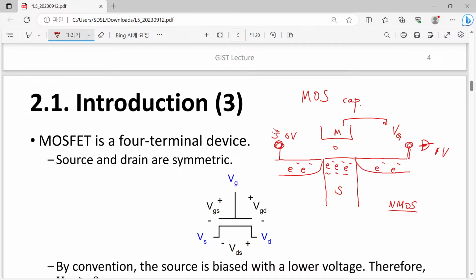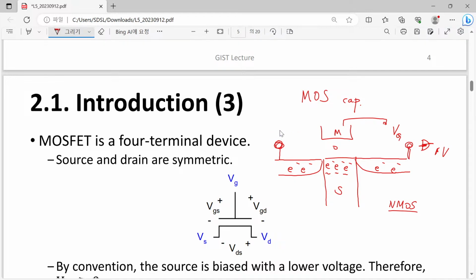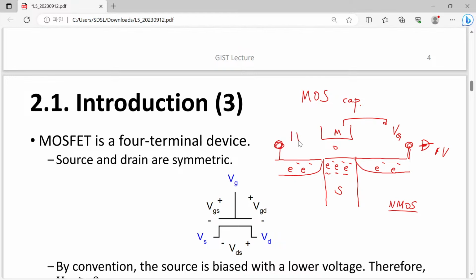However, when we say this is 1 volt and this is 0 volt, then which one is working as the source? Obviously the right one is working as the source. So please note that in CMOS technology, source and drain are actually symmetric.